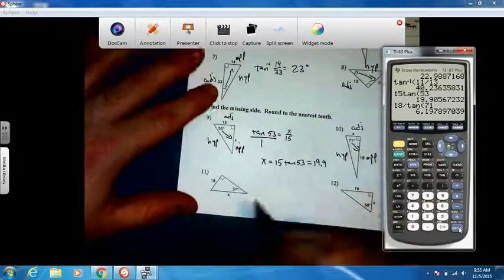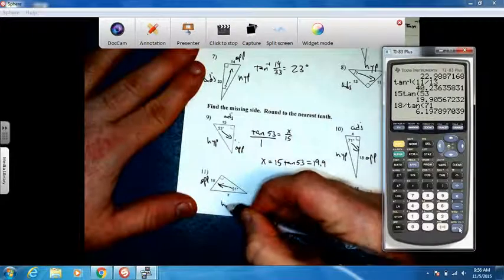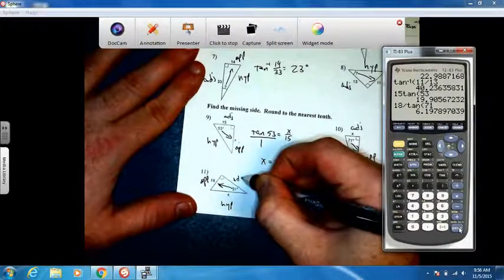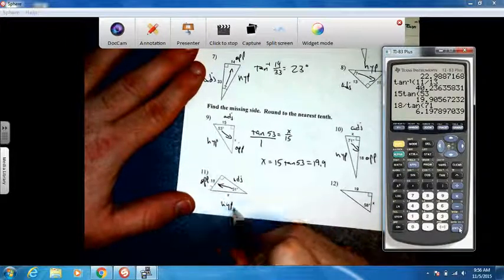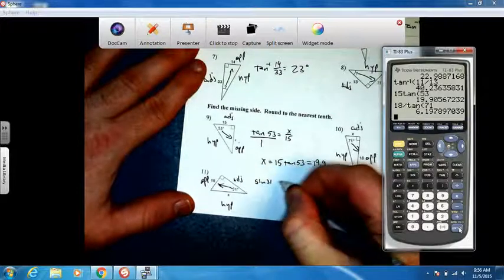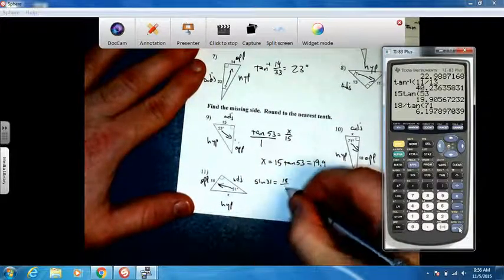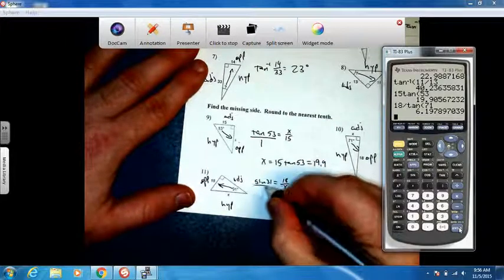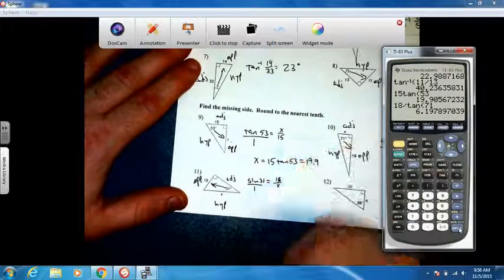Over here for number 11, opposite, hypotenuse, adjacent. So, opposite and hypotenuse, that is sine. So sine 31 degrees equals opposite over hypotenuse. Make it a fraction, so now I can solve by cross multiplying.